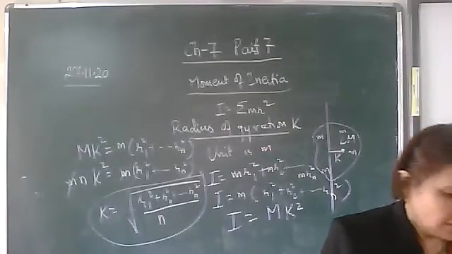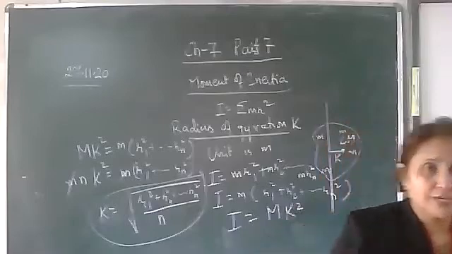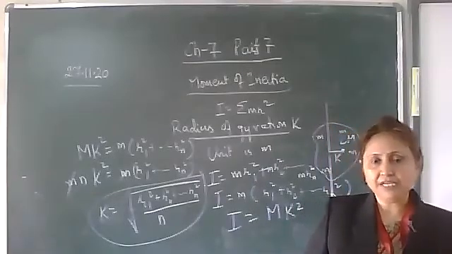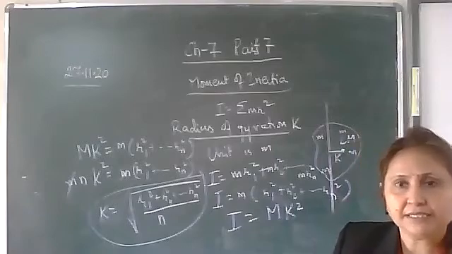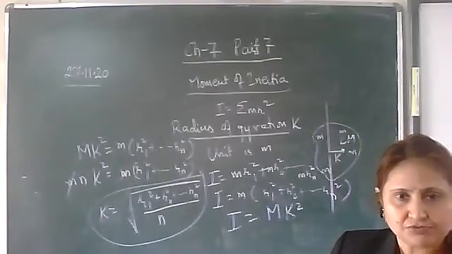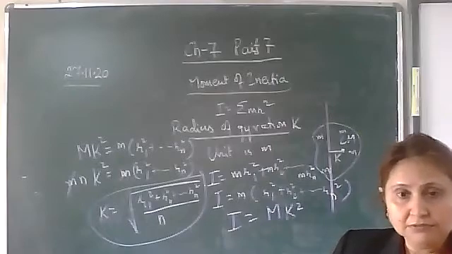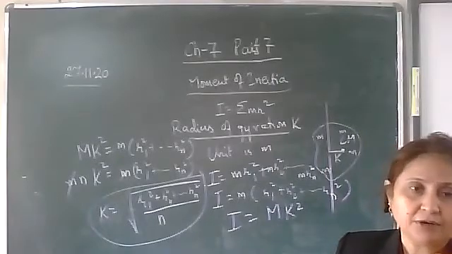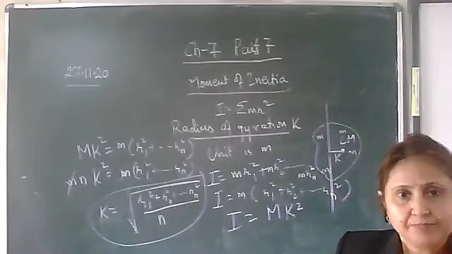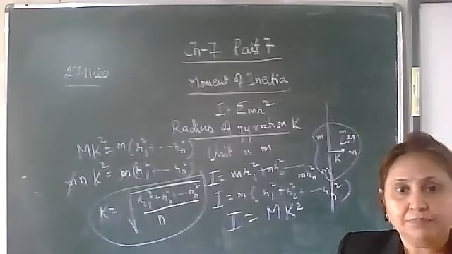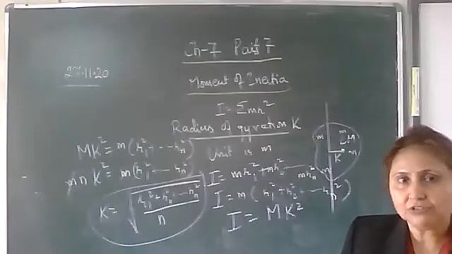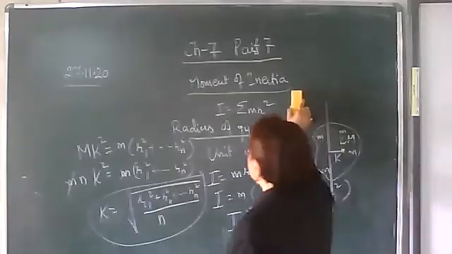First, let's find the expression of rotational kinetic energy. For any body in linear motion, we know its kinetic energy is translational kinetic energy, which is equal to half mv square. But if a body is rotating about a fixed axis of rotation, then the kinetic energy will be rotational kinetic energy.